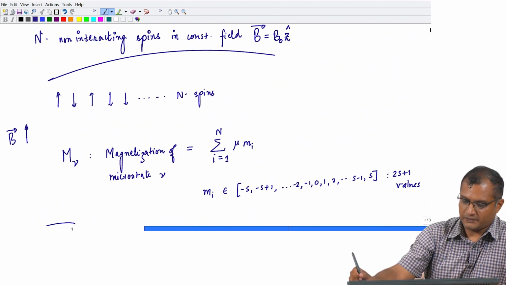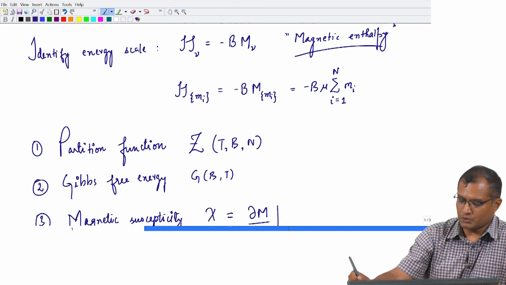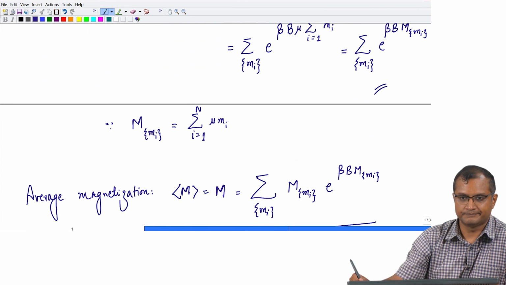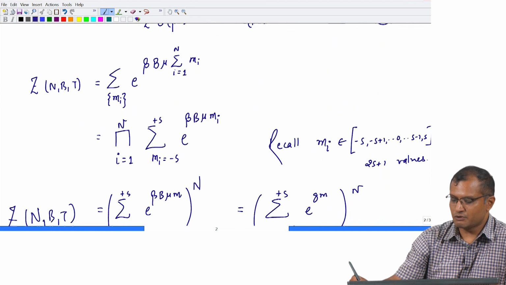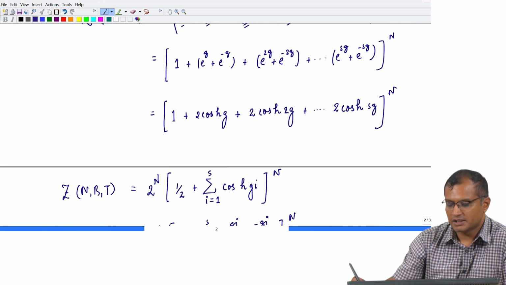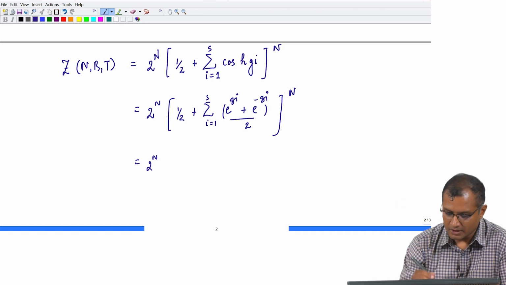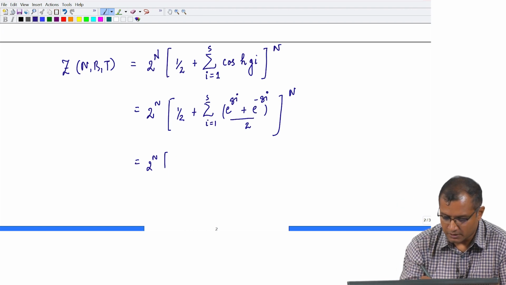So, let us try to compute this partition function in the limit of small field. Okay. Otherwise, I have to retain all terms in the summation, but let us say if the field is small, then we can certainly do better.